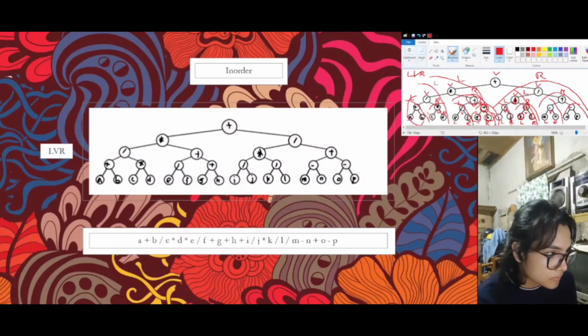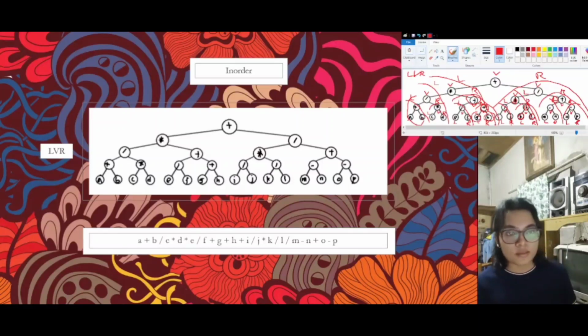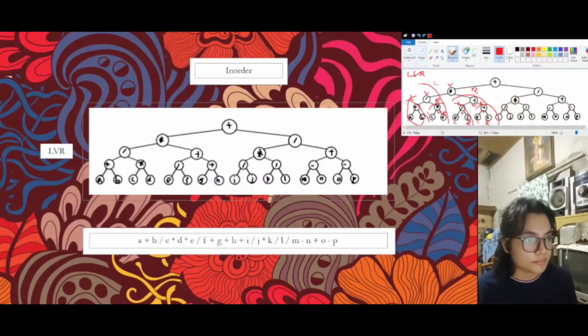This is going to be divided into another L and another R. It's going to be V. So this is L, so we are going to have M minus N. So this is going to be our new left, and then we have the visiting node, so M minus N, then we have plus, and then we're going to have the right, which makes our new LVR. So it's LVR, so it's O minus P. So that's how we get this notation using an inorder traversal.